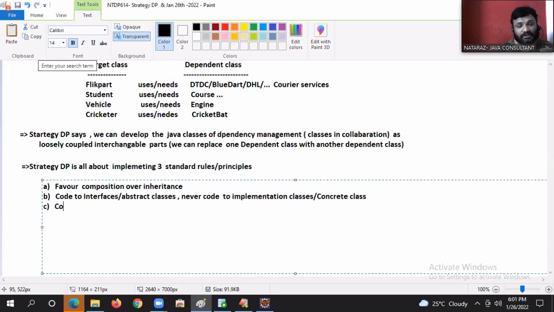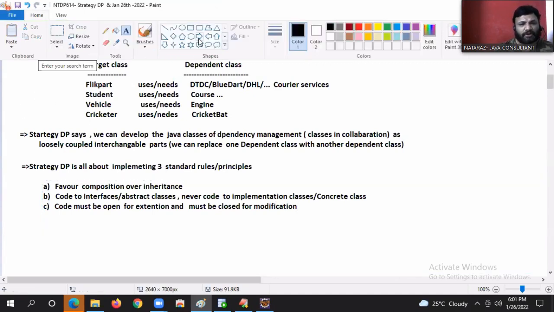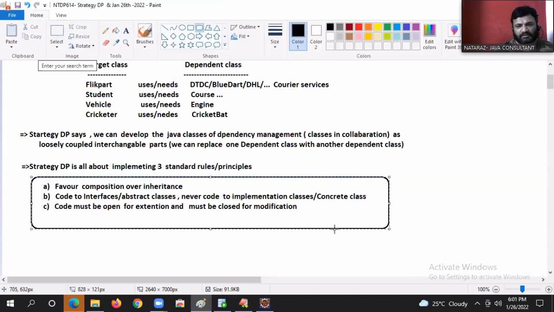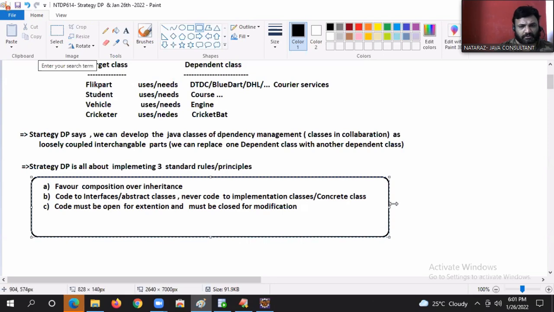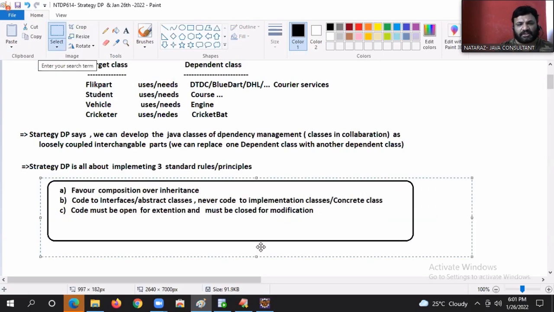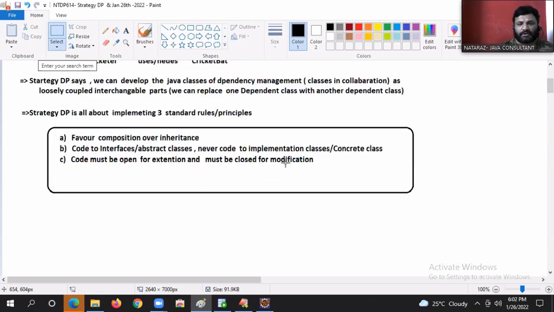Okay, guys. Next one: code must be open for extension and must be closed for modification.